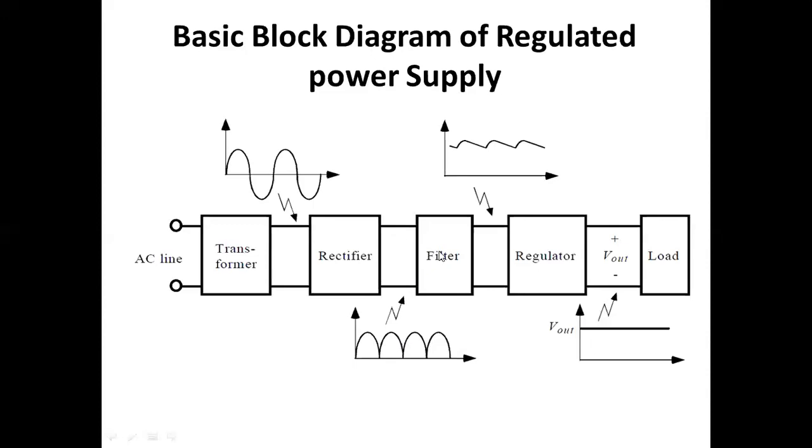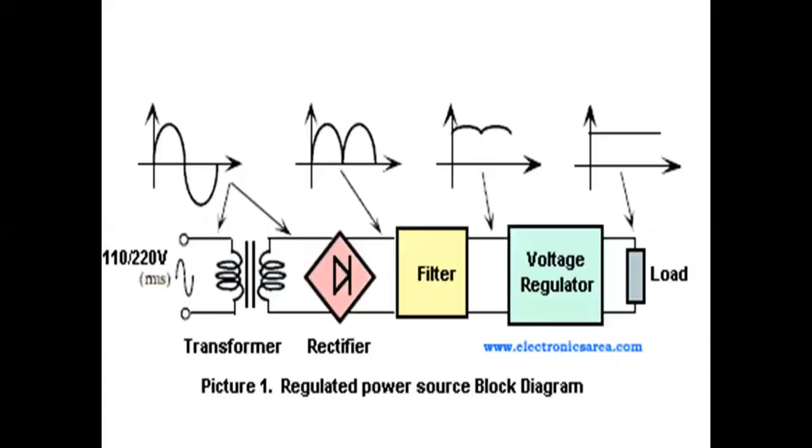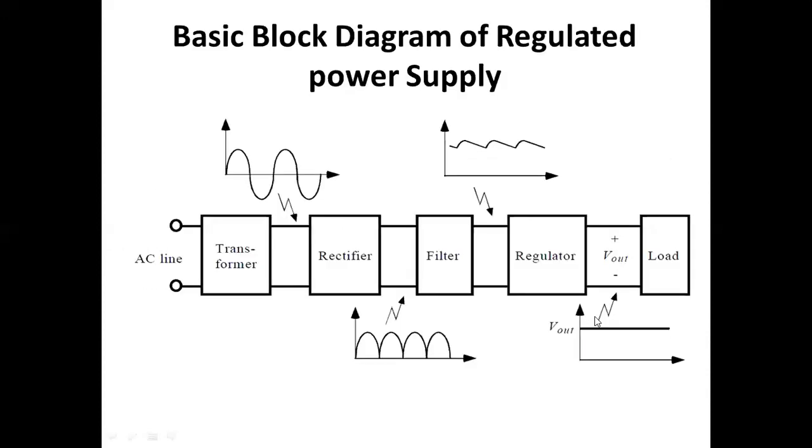The filtered output, which should be like this on average, is given towards the regulator.